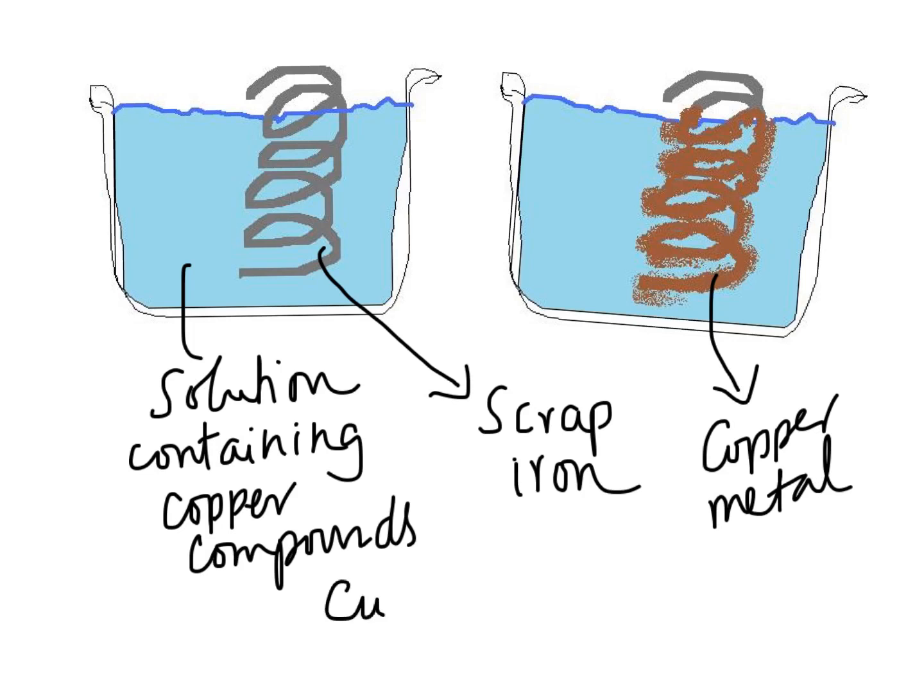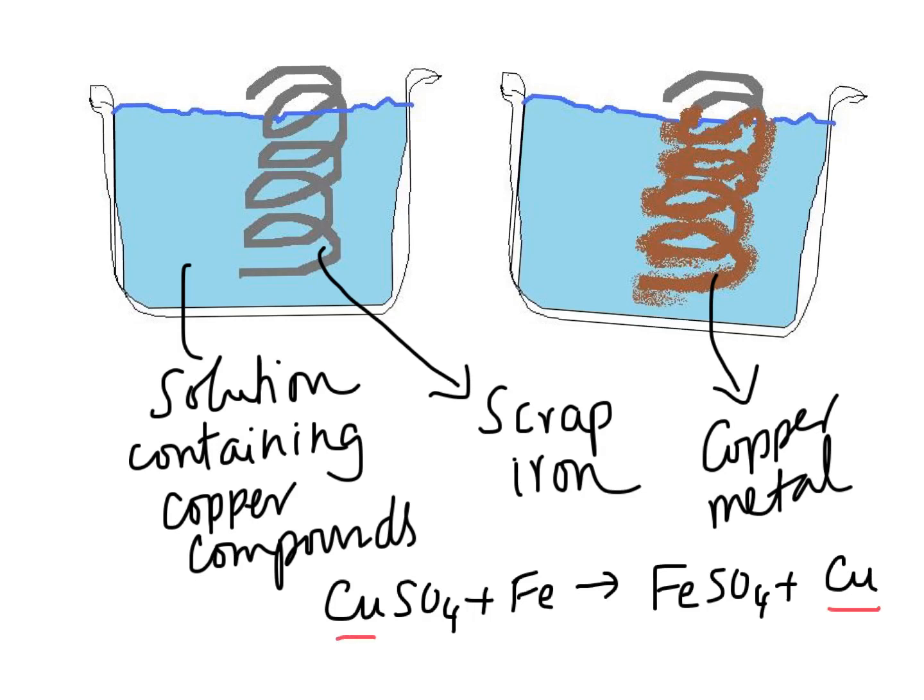So that is copper sulfate plus iron gives iron sulfate plus copper. As you can see, the metal copper has been displaced by iron. So that is a displacement reaction.